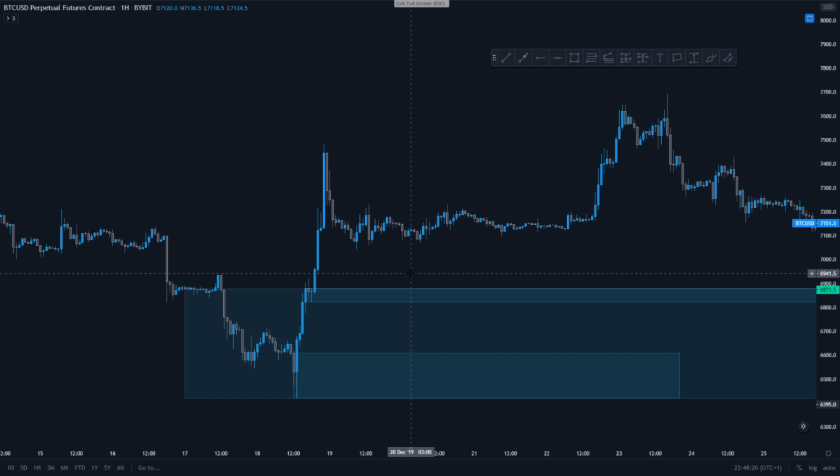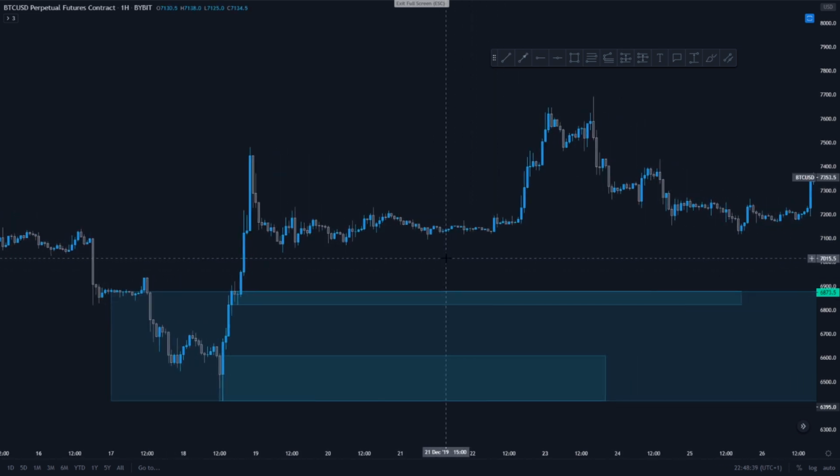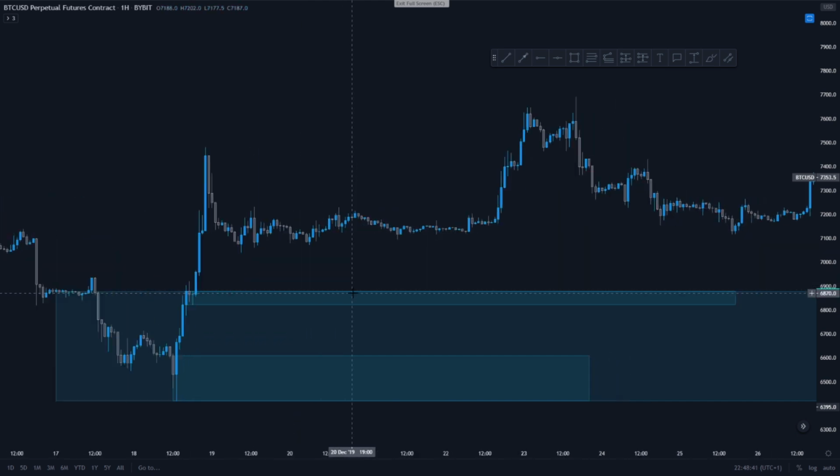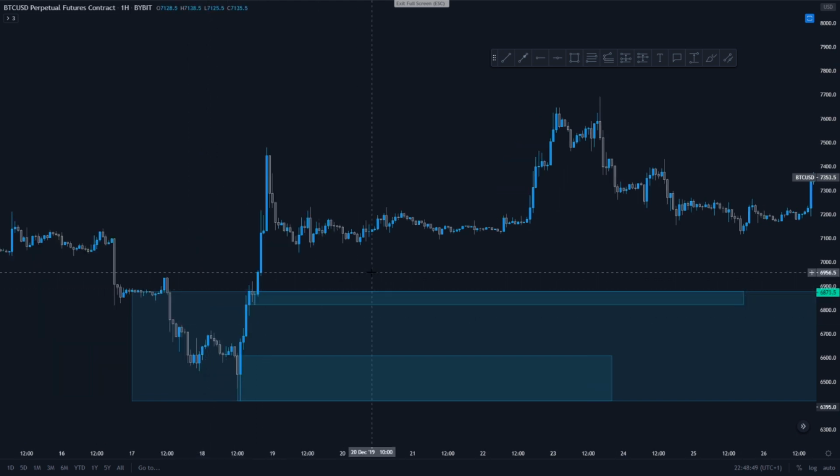This is not a strict rule, guys, only something to keep in mind, because we want zones to be fresh. If the whales fill orders, they don't want to wait a year or a few months. In the 1 hour time frame it is around 30 days. It can also be 35 days. It's not a strict rule.